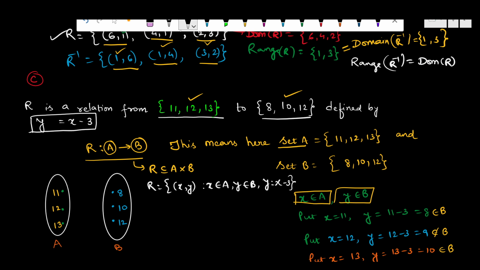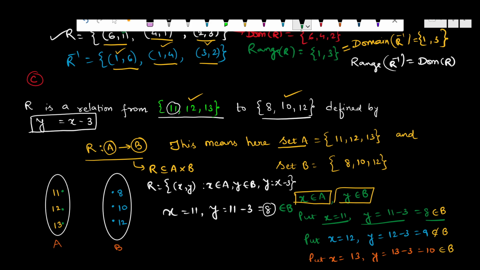So you may put x equals 11 here. You will get y equals x minus 3, so y equals 11 minus 3, which is 8. Now check whether this 8 belongs to the set B. So yes, 8 belongs to B. See here.